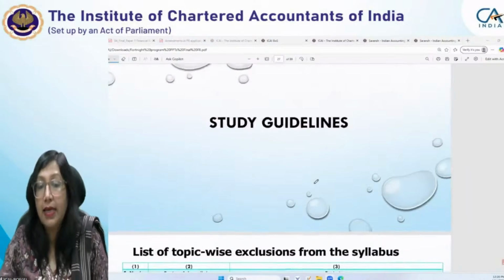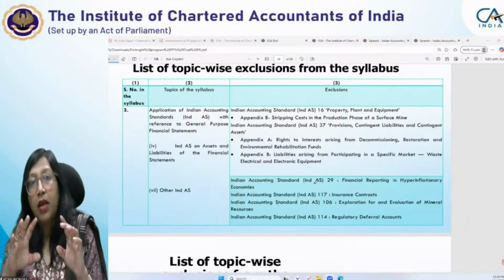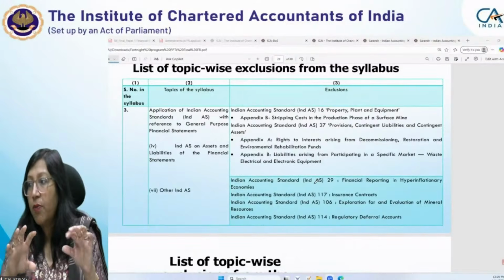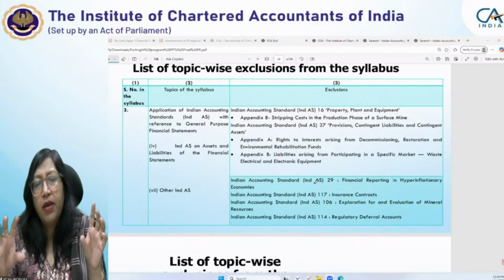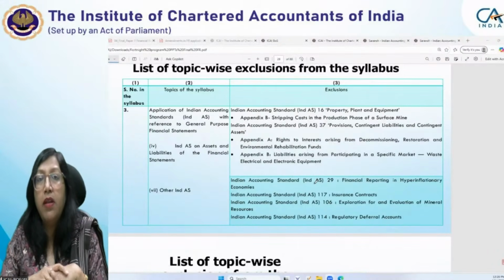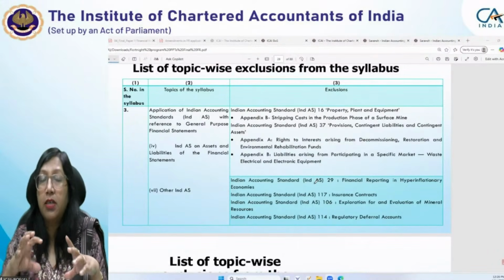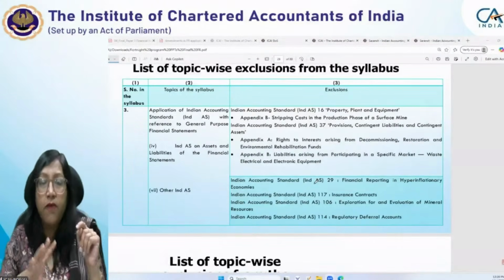Study guidelines. This is very important, students. As I already discussed, our topic explains that, directly or indirectly, all Ind AS are applicable as per your syllabus. However, we have excluded certain Ind AS by way of study guidelines.